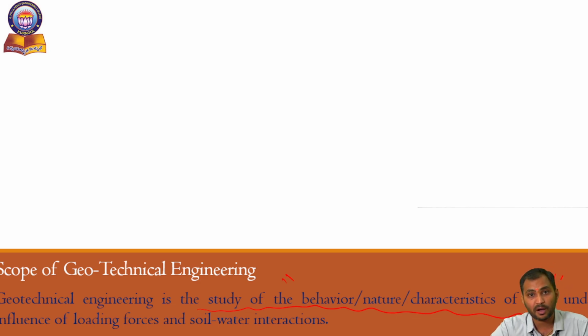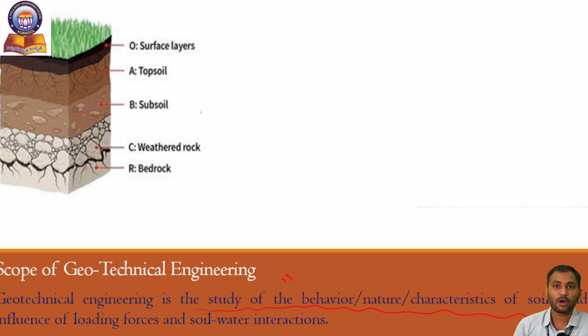In the scope of geotechnical engineering, we first study how many layers of soil are present below the ground surface. Nothing but the surface layer, where the topsoil is available, with decomposition of leaves or insects like that. Next, topsoil, nothing but the availability of red soil or some black soil.